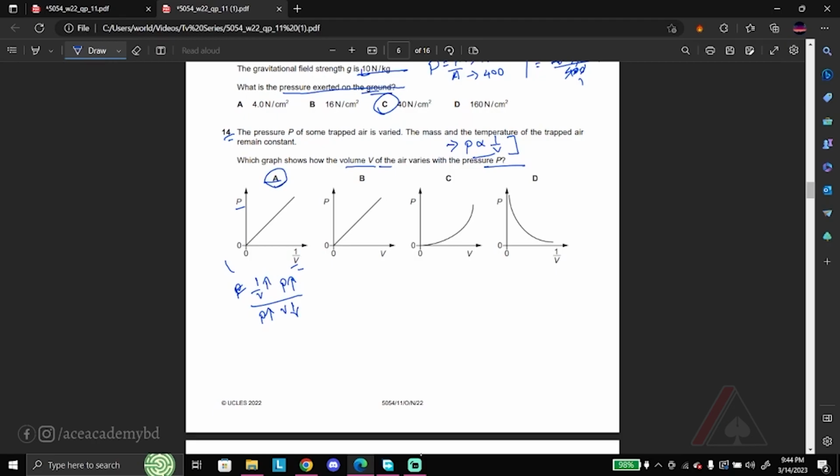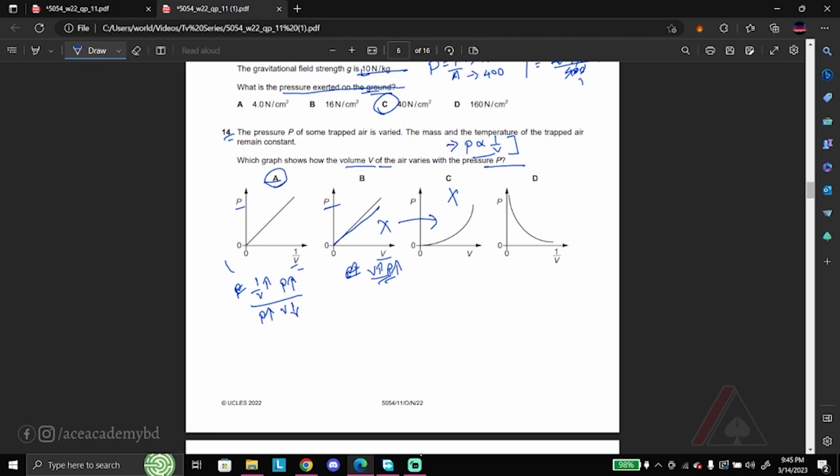Now if you look at the other options, one is a graph of P against V, and it shows a directly proportional relationship. So it says that if V increases, then P also increases, which is not the case, so it's wrong. There should be an inversely proportional relationship. Now this is practically the same as this curve, so this is wrong as well.